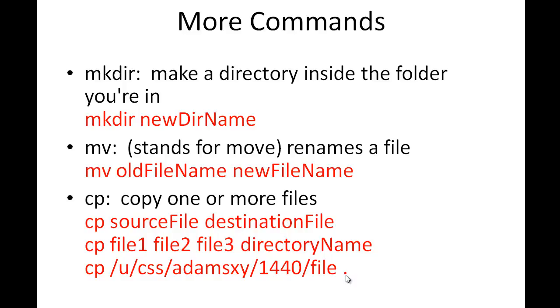This dot stands for the current directory, and so wherever I am, presumably I am Adams XY, or I wouldn't be allowed to copy a file out of his or her space. But maybe I'm in my 2440 folder and I want to copy this file from my 1440 folder. So I would go to the place I want to copy it, and then I would issue this copy command using dot, which means put it where I am right now.